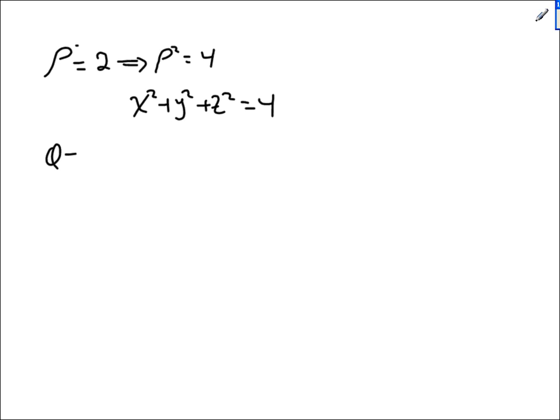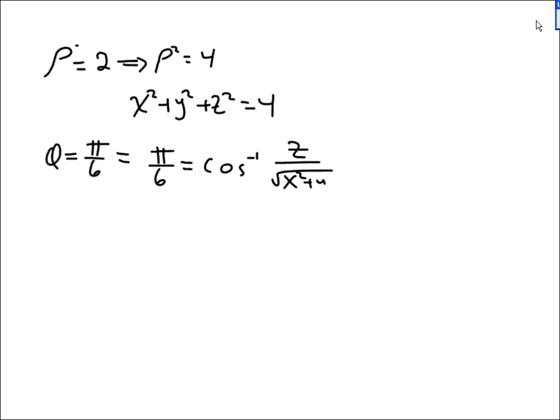Suppose I tell you in spherical form that phi is pi over 6. Well, that implies that phi is equal to the cosine inverse of z over the square root of x squared plus y squared plus z squared.